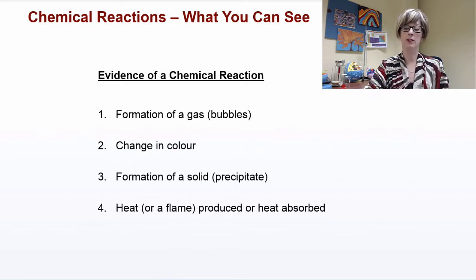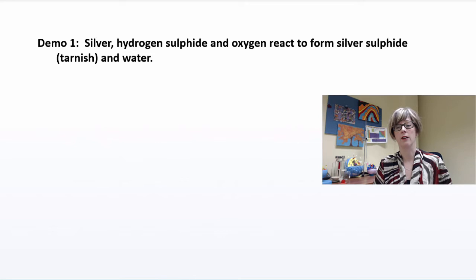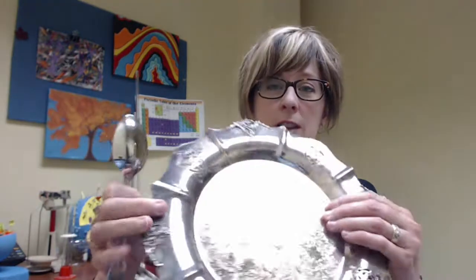I've got some demos here that we can go through. The first one is silver, hydrogen sulfide and oxygen reacting to form silver sulfide, which is tarnish, and water. This is something that you might have seen with your grandma's silver. I've got some silver here that is my grandmother's.